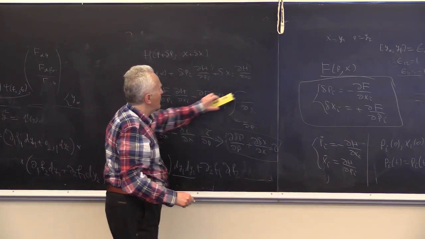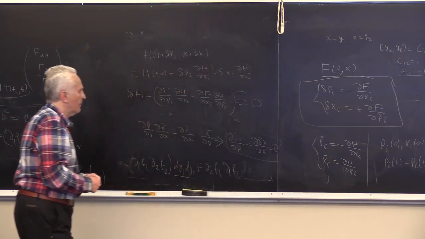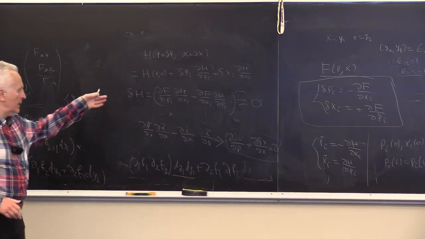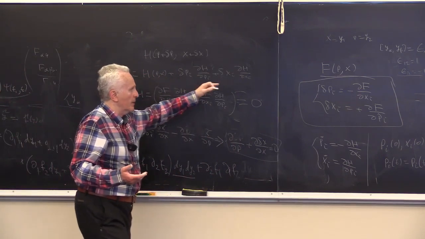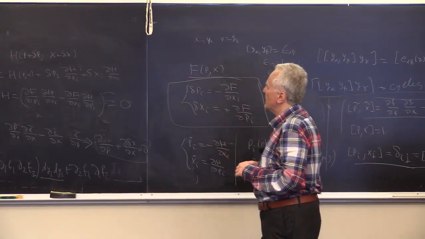And if we have symmetry, then this will be 0. That is by definition of symmetry, that we have a canonical transformation, and that's a thing.